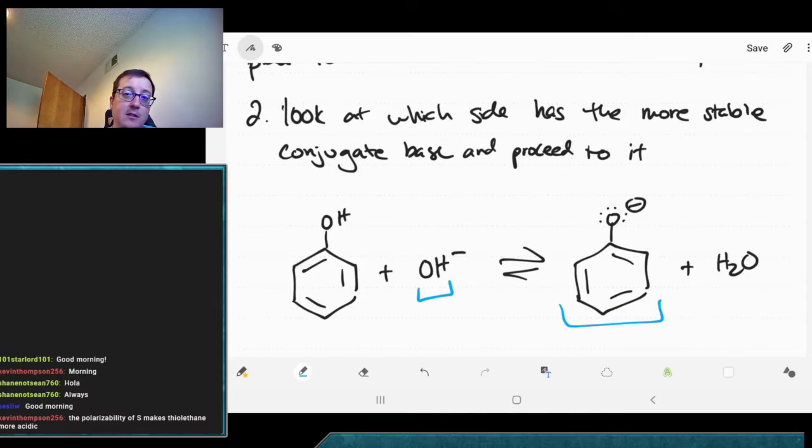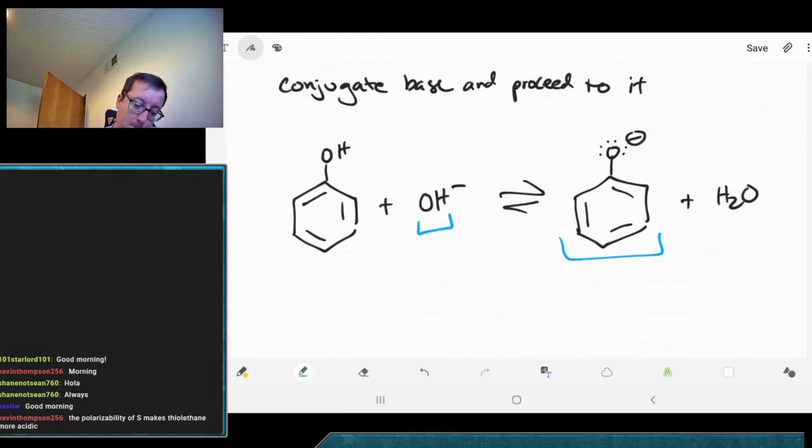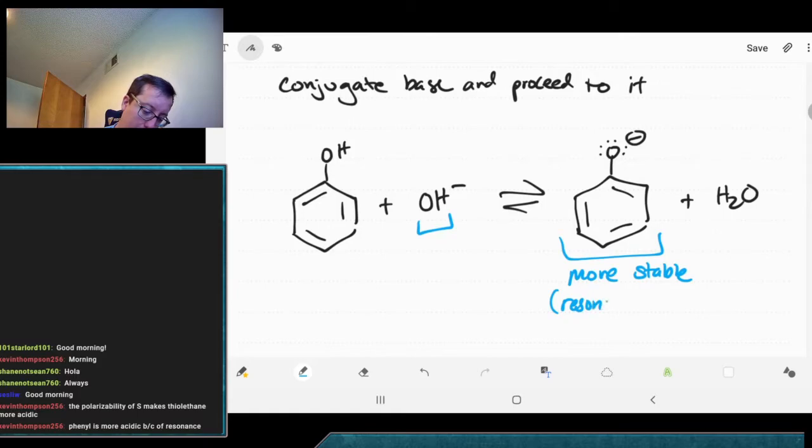So next is R, R for resonance. One of these has resonance, perhaps. Looks like the one on the right can resonate, meaning that that's more stable. And so therefore, we're going to head towards the more stable side.